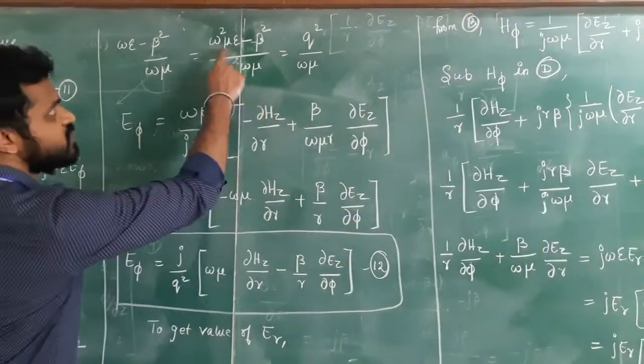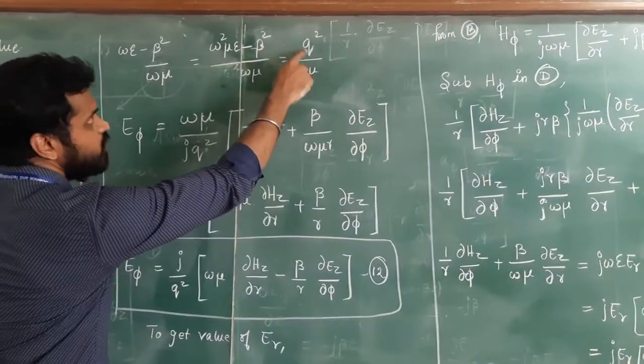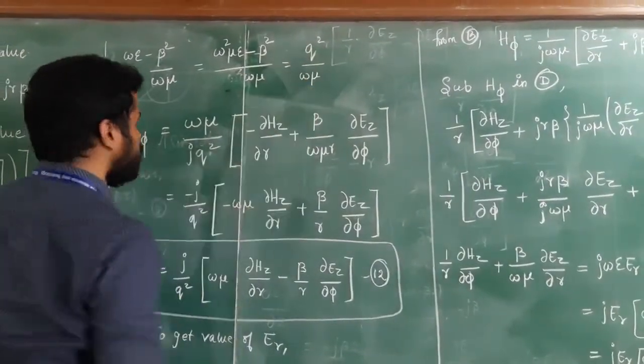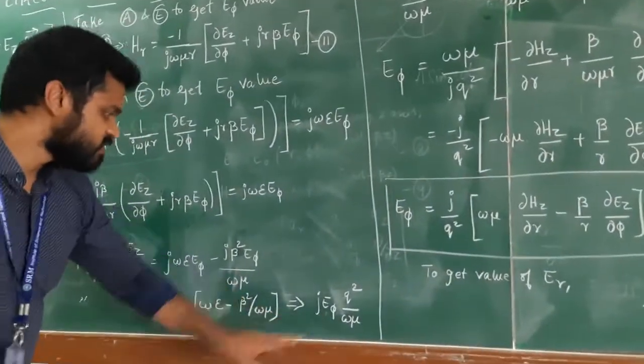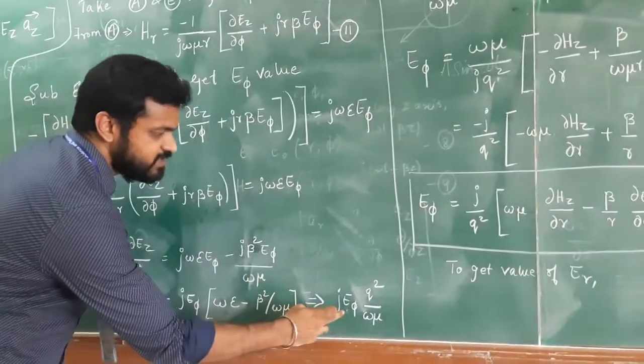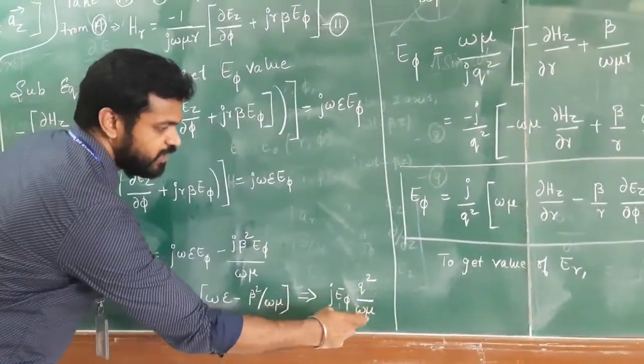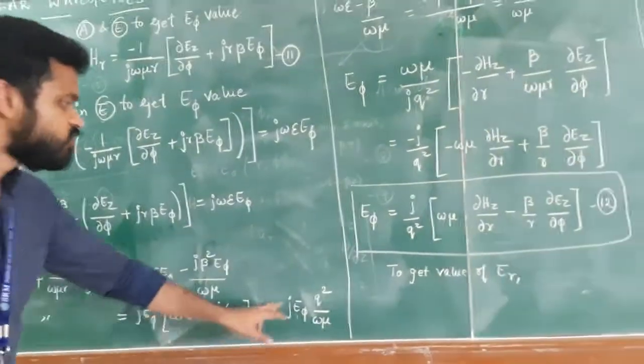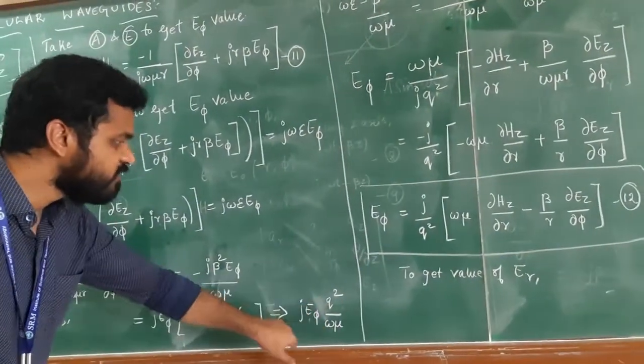So now we will assume this corresponding component as q, so q² by ωμ. This whole component has been reduced as j into Eφ into q² by ωμ. Once we find this value, from this we can find Eφ.